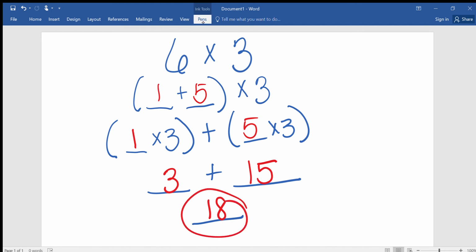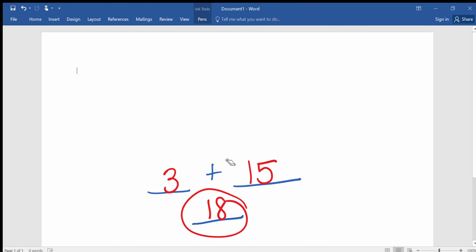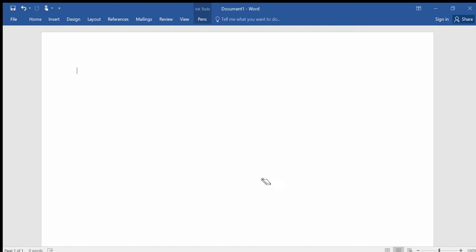All right, let's do another. Erase. Okay, this time I'm going to write the problem, but I'm not going to write down all those steps. So I hope that you remember them all. I want you to solve four times 11 using the distributive property.